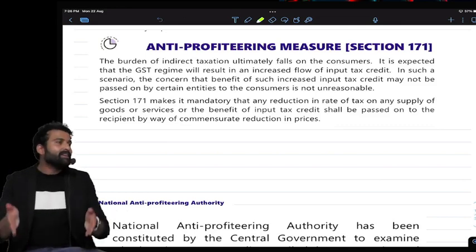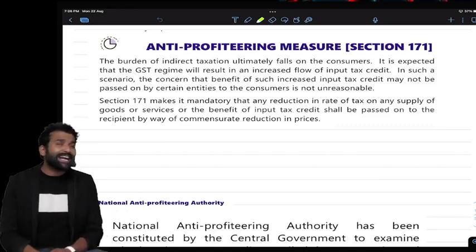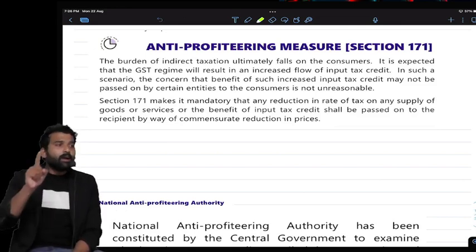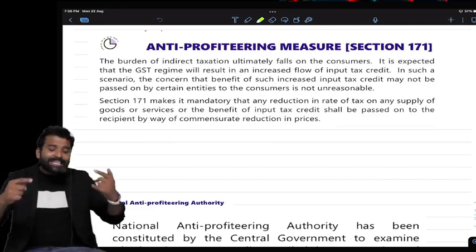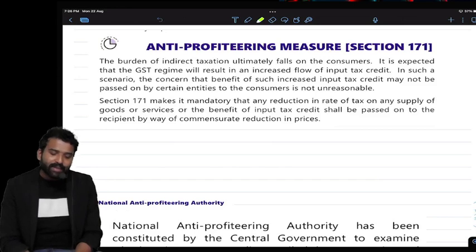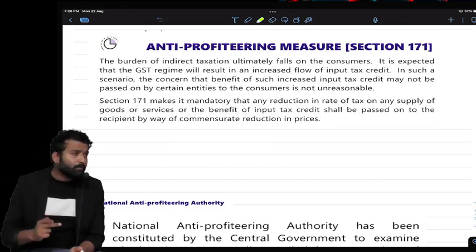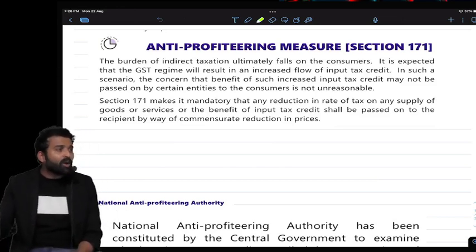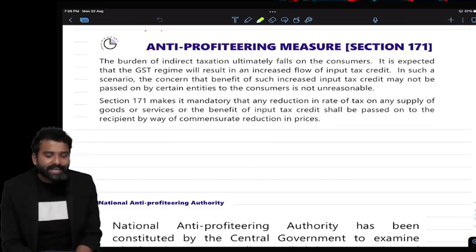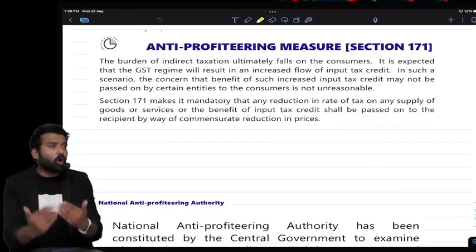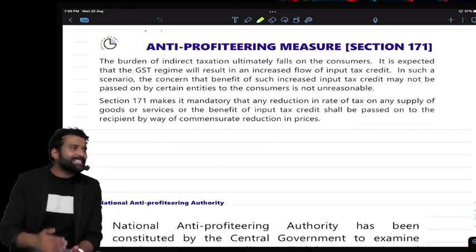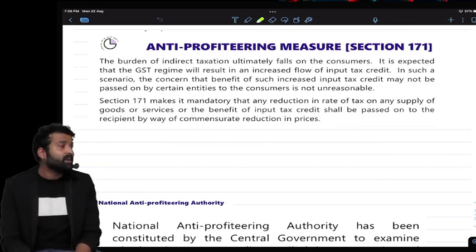And that's why they introduced a clause that says that if any company doesn't pass on the benefit of the reduction of the GST rate to the customer, either by giving a discount or by increasing the quantity, then in that case the anti-profiteering clause will be applicable, and the company has to face a lot of penalties, and even the registration can be cancelled.